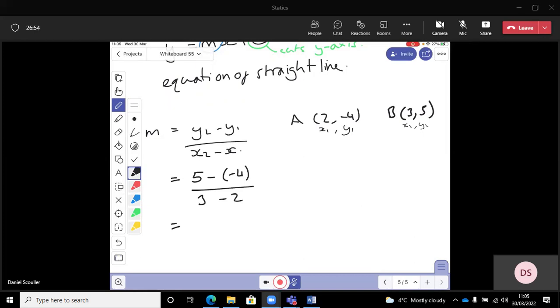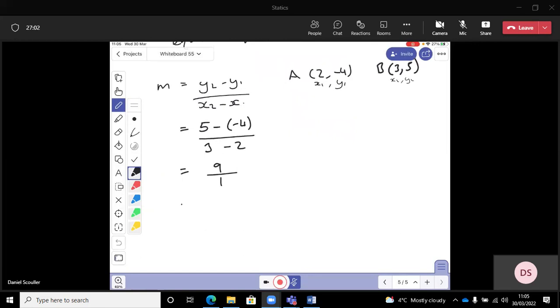Minus 4 makes that positive. So you're going to get 5 plus 4, so you're going to get 9 over 1. So your gradient is 9.